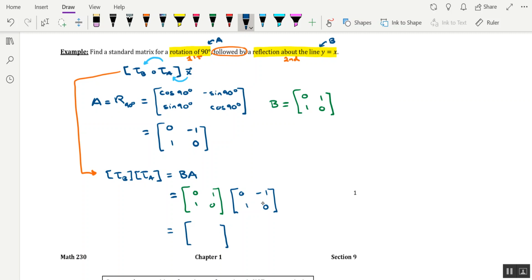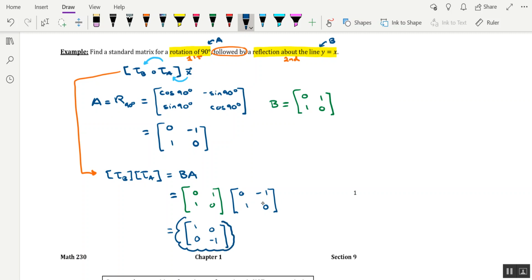Okay, multiply the first row by the first column, we're looking at 1. Multiply the first row by the second column, we're looking at 0. 0 down here, and then negative 1 for the last entry of this matrix.